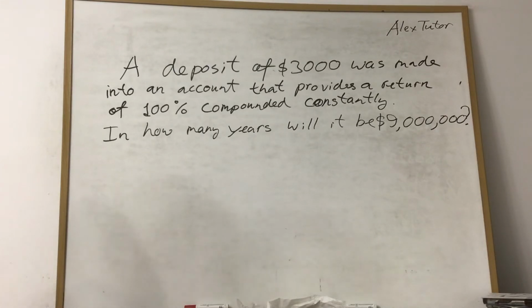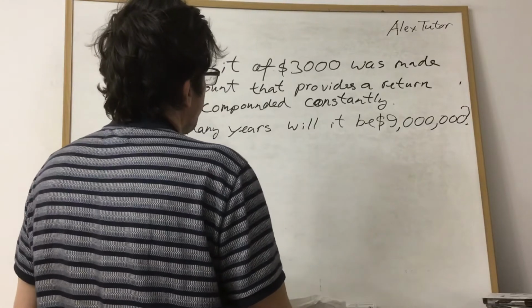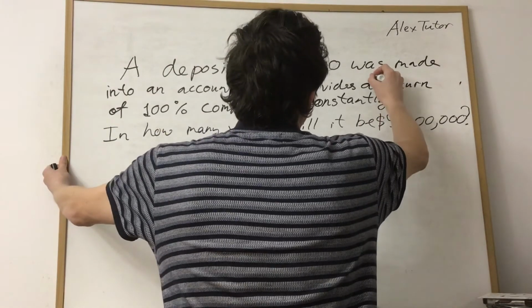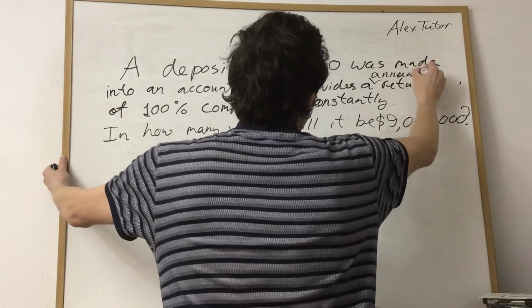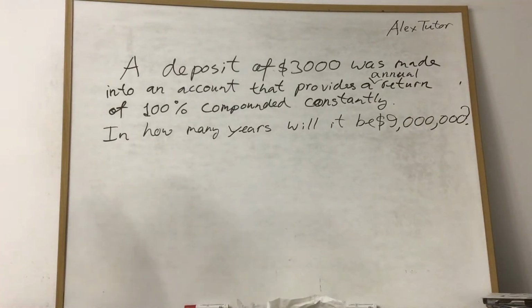It provides an annual return of 100% compounded constantly. So in how many years will it be $9 million?